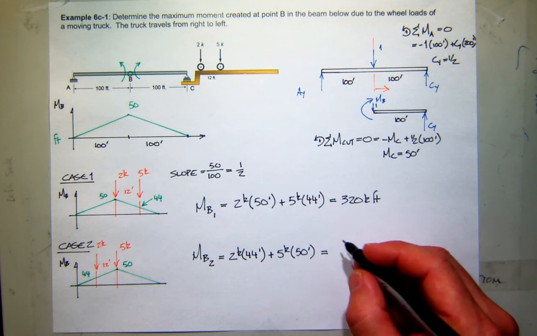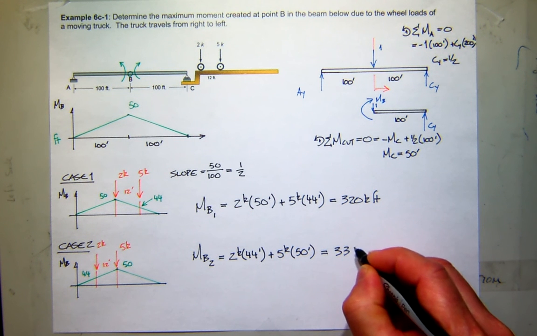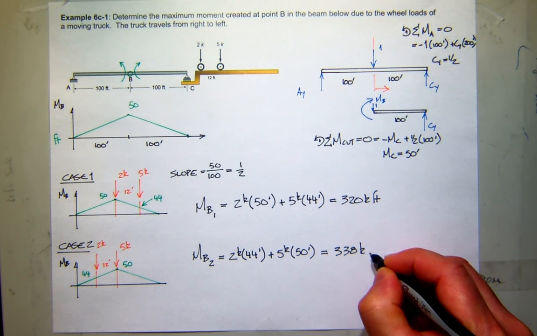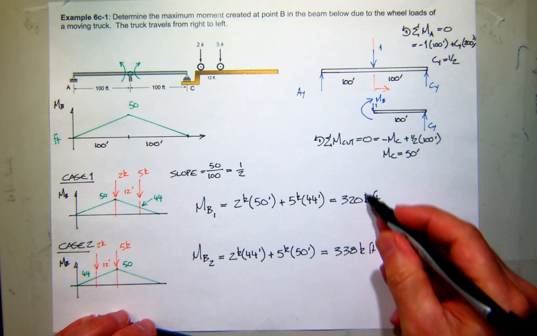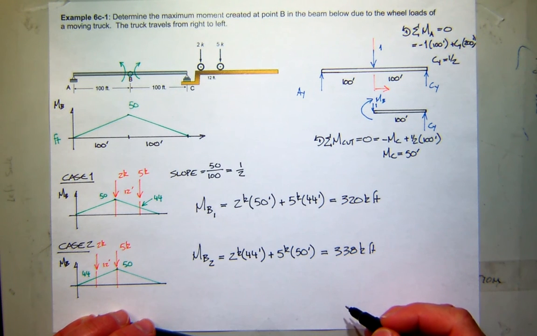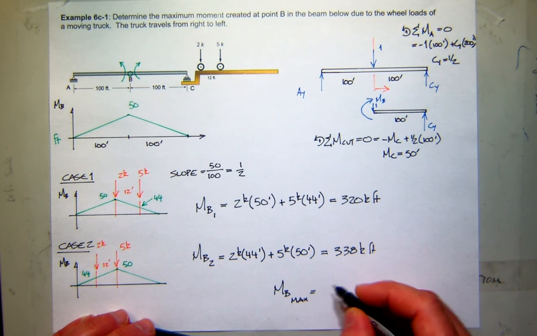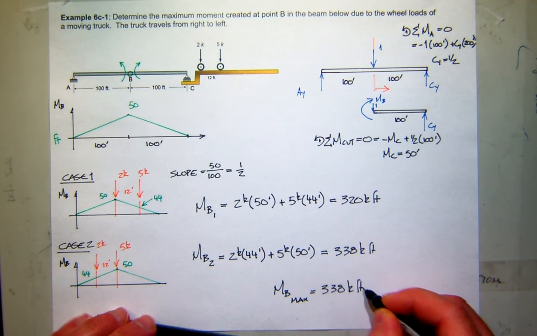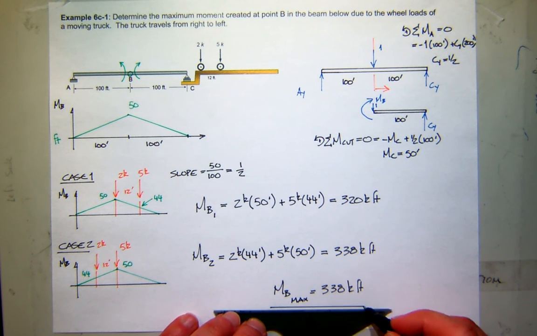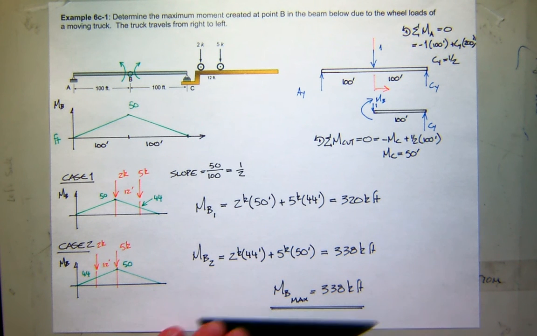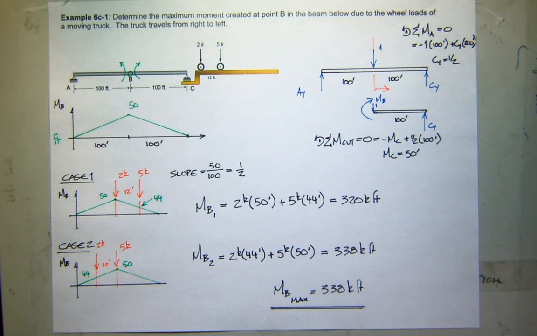Oh, it's close. 338, and that's kip feet. So which one's bigger? 338. So the maximum moment at B is 338 kip feet. Questions? Okay.